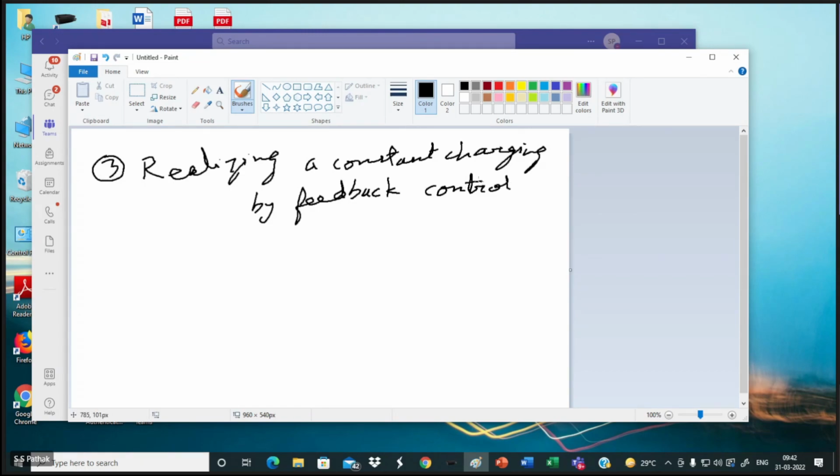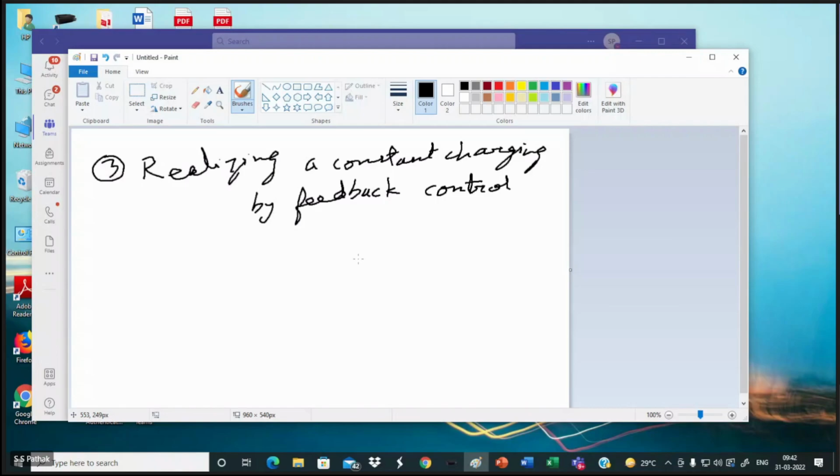Okay. Purpose is constant current. Okay. So there will be a capacitor. Through the capacitor, constant current will be going. That concept of time constant will not come here also. So it is the same thing.